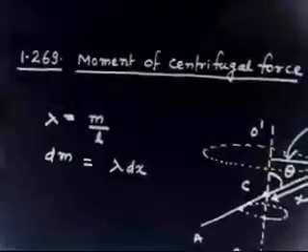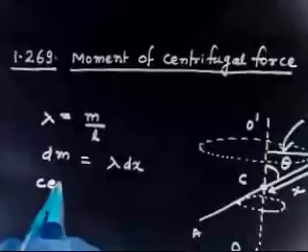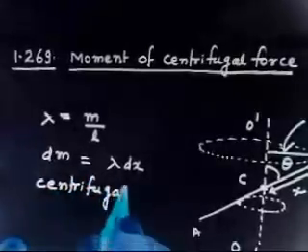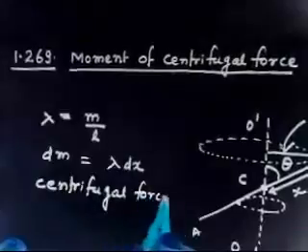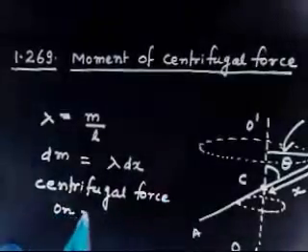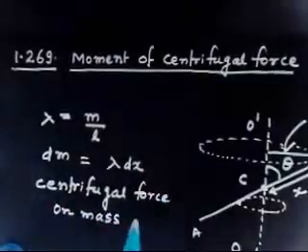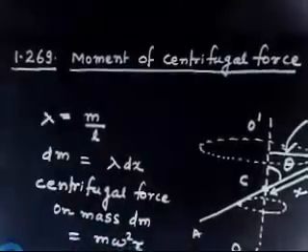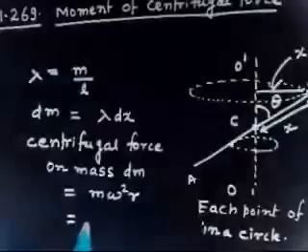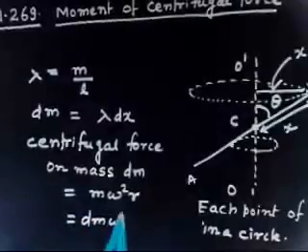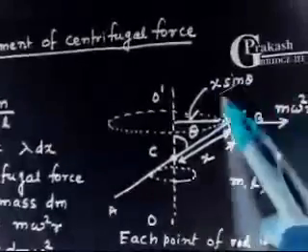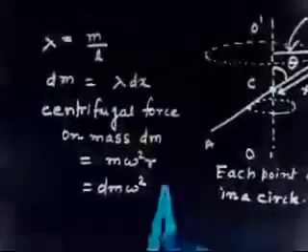So now the centrifugal force on mass dm will be dm omega square r, and r we have already said is x sin theta.